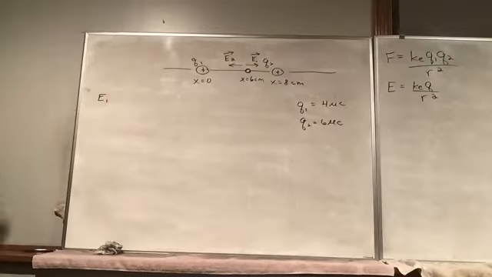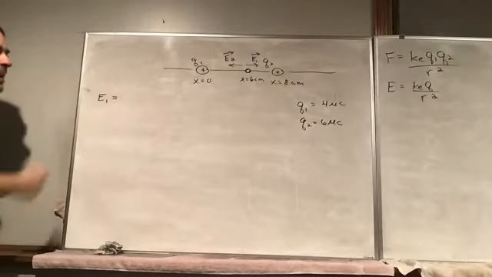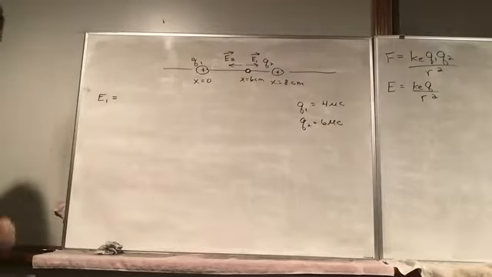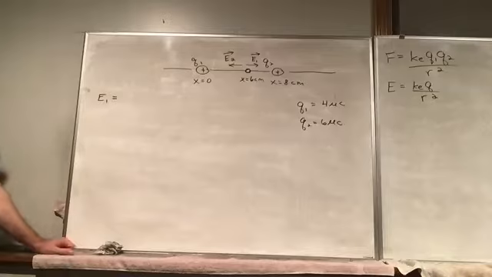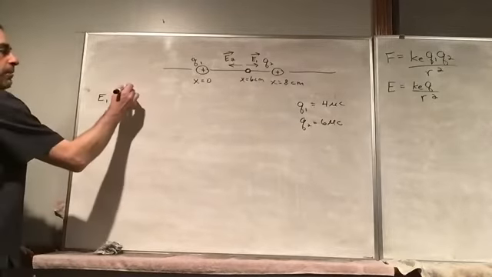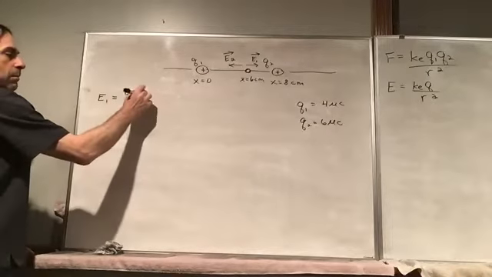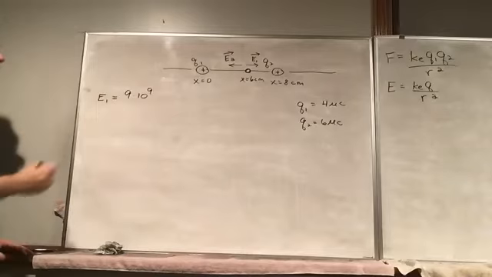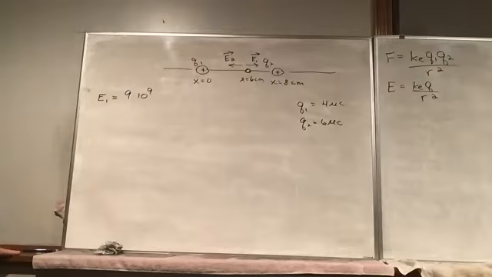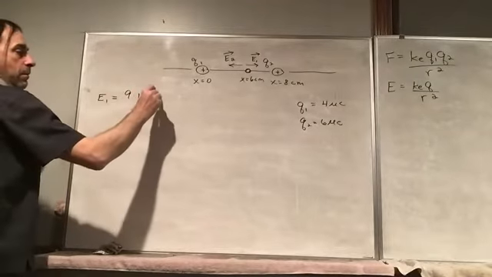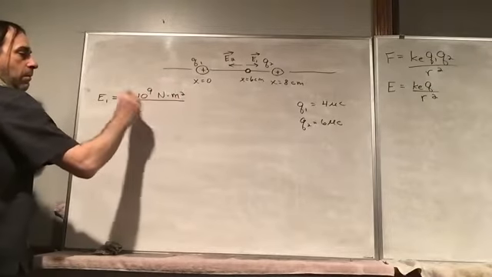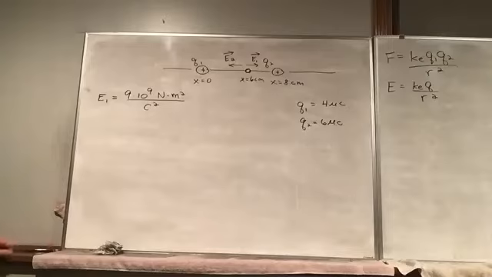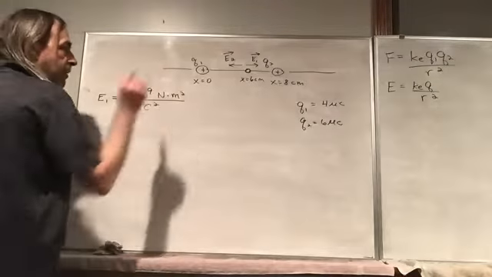This one won't be too bad. I might cut down on the number of actual calculations, just set up the problems and maybe skip the actual calculation part to save time. But for now, let's put the K. It's about 9 times 10 to the 9th newton meter squared per coulomb squared.